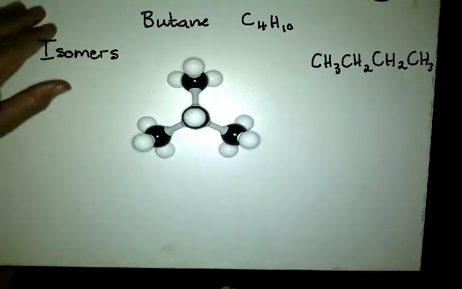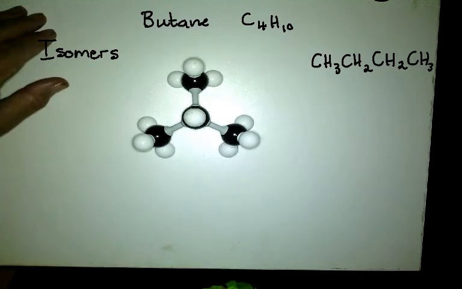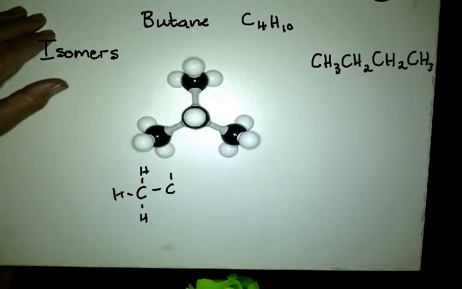So if I draw out the structural formula for this molecule, I'll have a C with its 3 H's joined to another carbon with 1 hydrogen, and that carbon is joined to another carbon with 3 hydrogens.